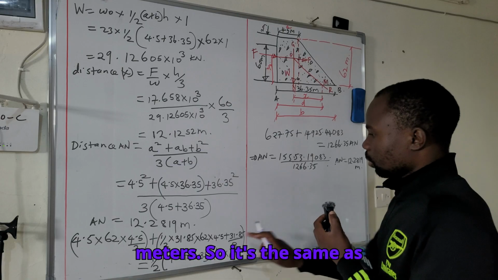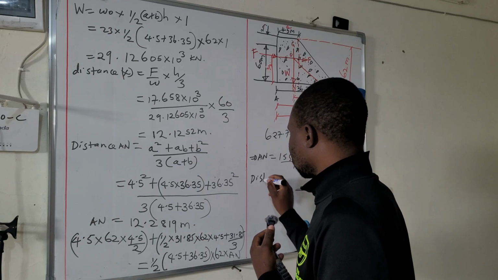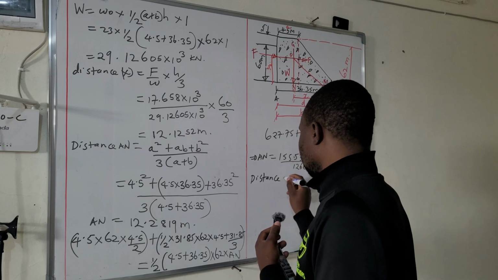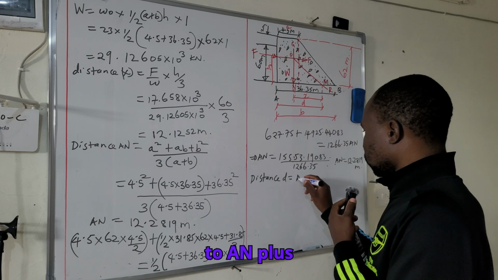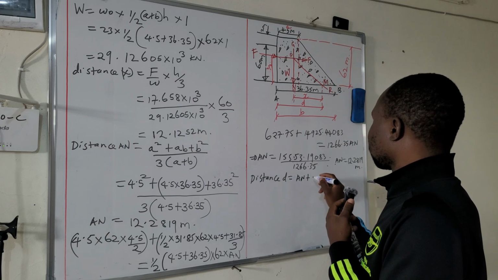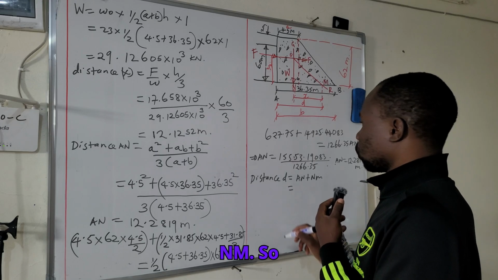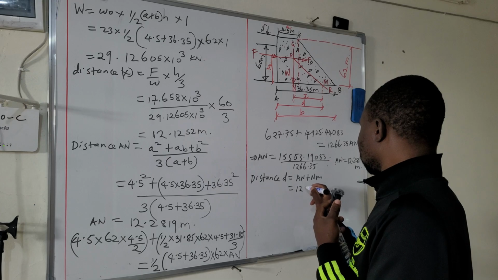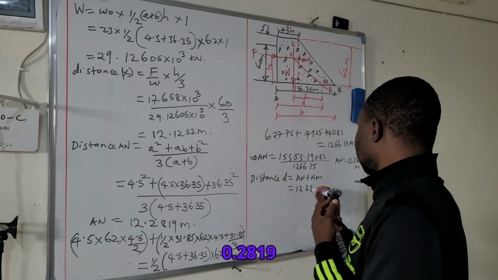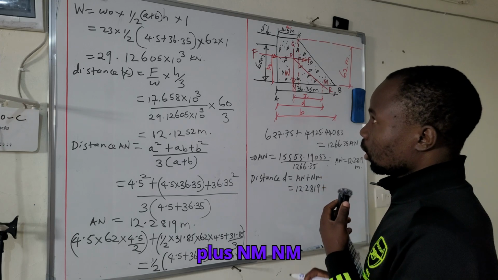meters. So it's the same. Proceed to distance D. Distance D is equal to AN plus NM. So AN is equal to 12.2819 plus NM.